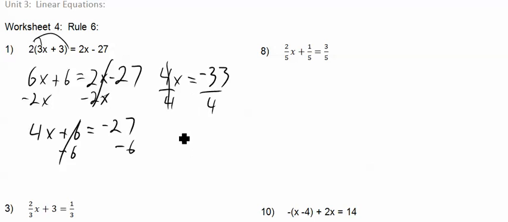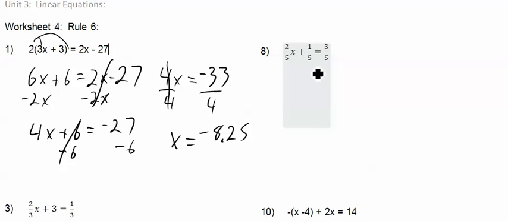That cancels. And again, on this one, it's not going to come out evenly, so we can just leave it that way. Or we can use a calculator and find that that is negative 8.25. If the fraction doesn't come out evenly, you can just leave the fraction.